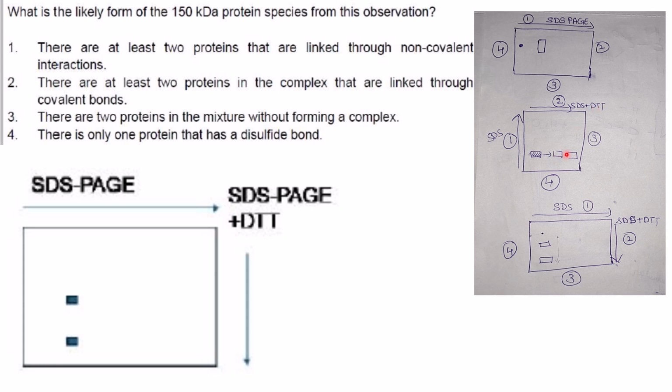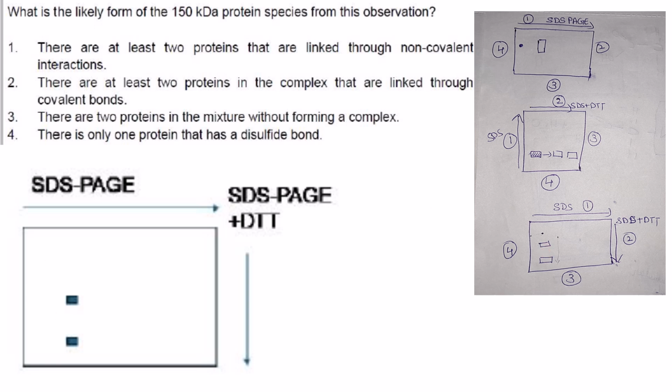That means there was a disulfide bond between these 2 proteins, and on addition of DTT, it got broken and you got 2 different bands. This is how the gel is represented after the first and second dimension. These are the 2 bands that you got.